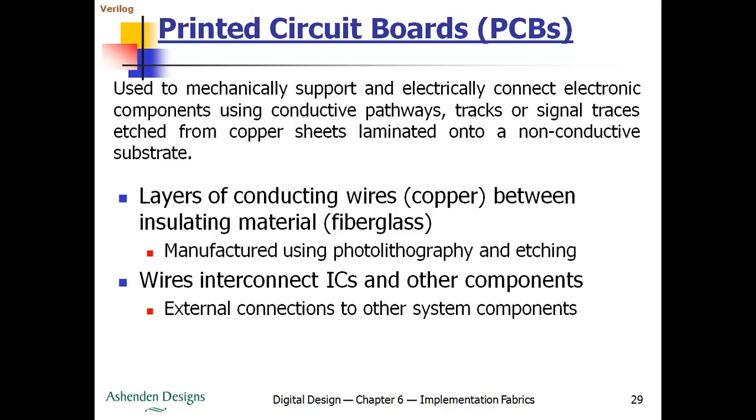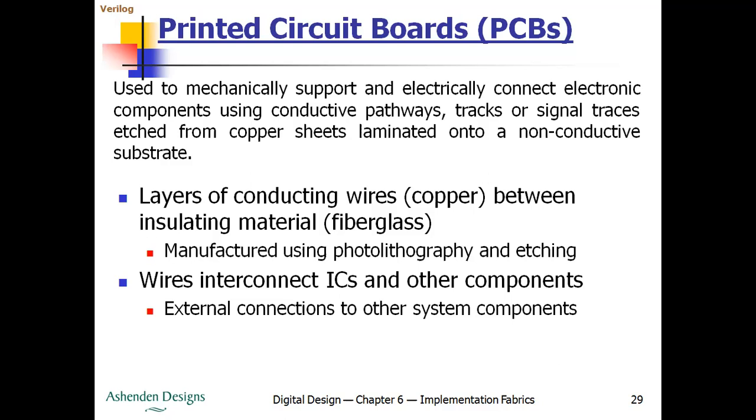The ICs and different components of circuits are connected on a printed circuit board, and this PCB consists of layers of fiberglass or any other insulating material separating the layers of metal wiring. The metal is deposited in a layer on a fiberglass, and then it is etched away using a photolithography process.